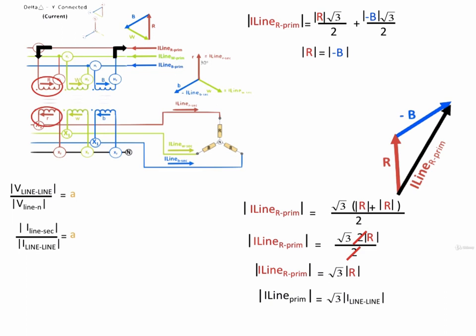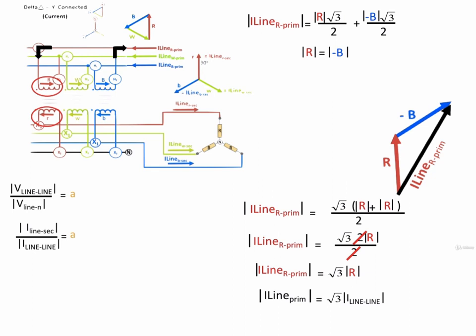And we know that if we had current flowing in that transformer, the turns ratio would be defined by just the inverse of that, which is the current flowing in the secondary line all over the current flowing in the primary line to line. Now we're talking magnitudes here because the ratio is a magnitude. So we've got these two fractions that define the turns ratio of the transformer.